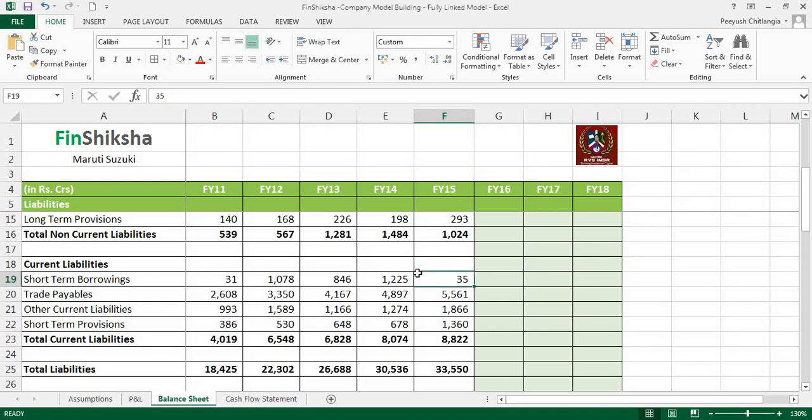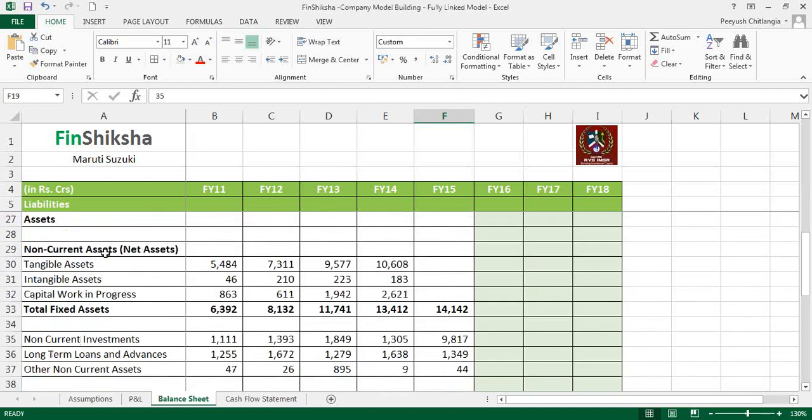That comes in, right? Then you go down and you look at non-current assets, which is tangible assets, plant, machinery, etc. Intangible assets, software, brand value, etc. And capital work in progress, which is something that is going to be a long-term asset, like let's say a plant, but it is under construction today.